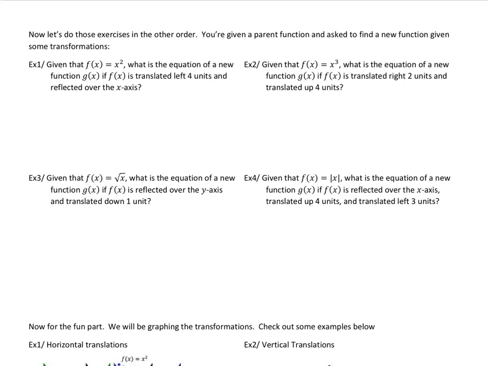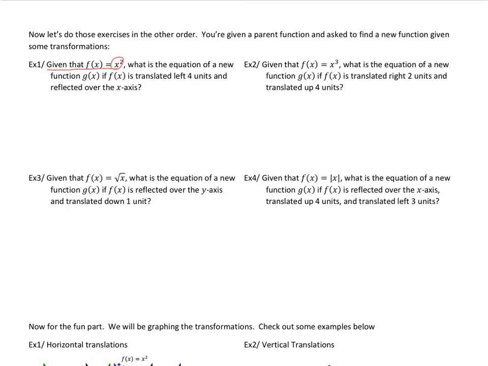Given the fact that we have this parent function, which ends up being quadratic, I'm not going to write them this time, but it's important to know which one you're dealing with. What is the new function, g of x, if f of x is translated left 4 units and reflected over the x-axis?